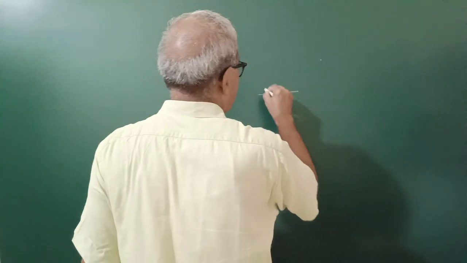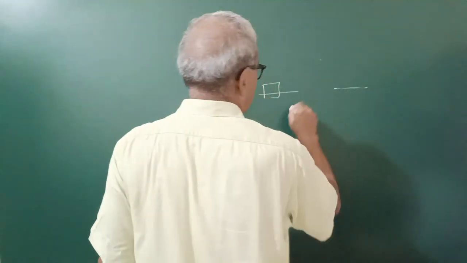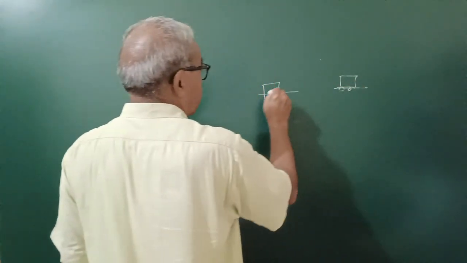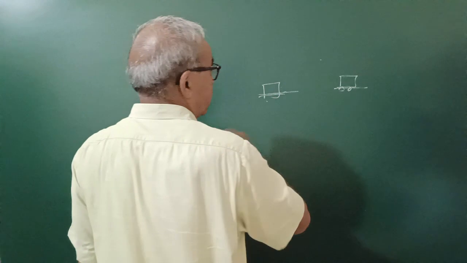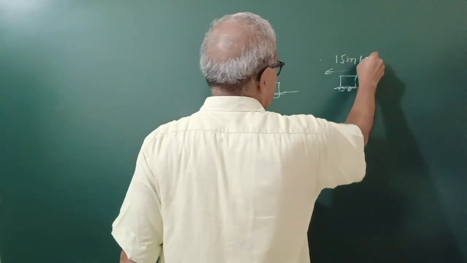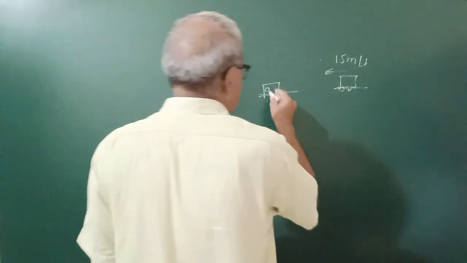Here is one car, there is a mirror here, and here is the second car. Now this car is at rest, and the other is moving with a speed of 15 meter per second. The observer here observes this in this convex mirror.